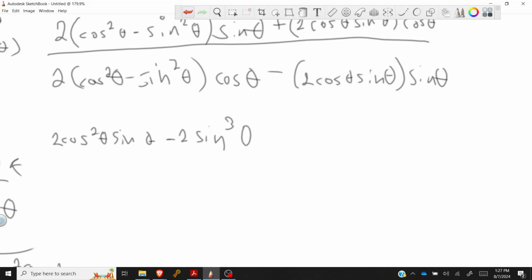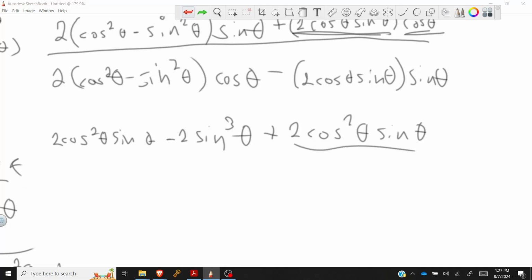So this will be sine cubed theta. Then I'm going to add 2 cosine squared theta sine theta. So it's this times this gives us 2 cosine squared theta sine theta. Put that all over.